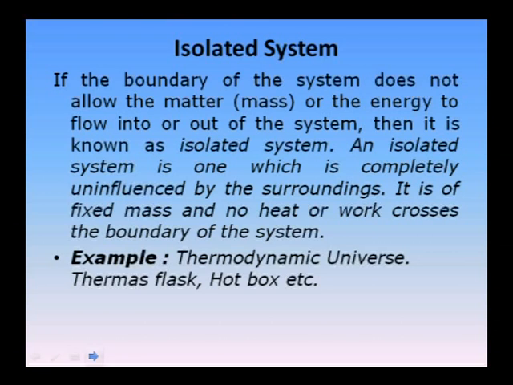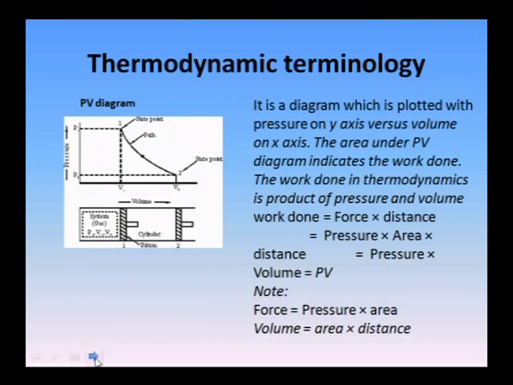An isolated system is completely uninfluenced by the surroundings. It is of fixed mass and no heat or work crosses the boundary of the system. Examples are the thermodynamic universe, thermos flask, hot box, etc., which can be considered isolated systems.